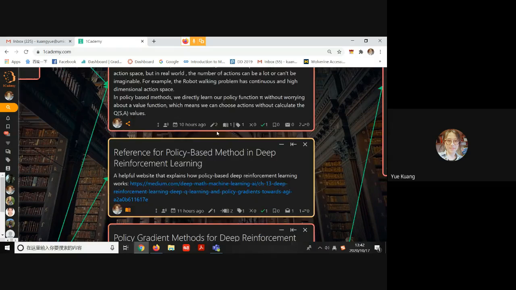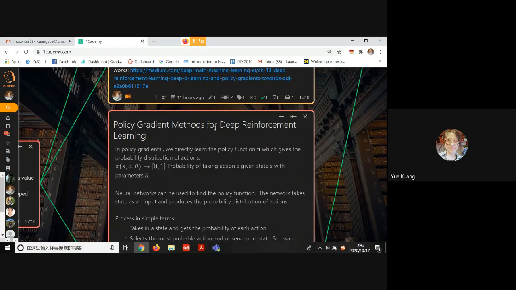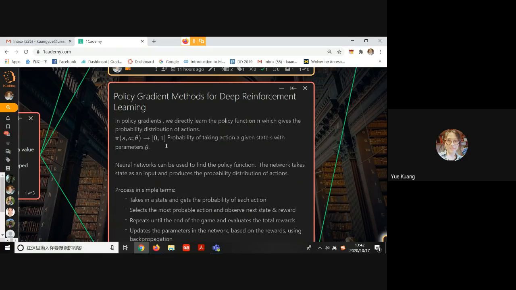Next, I will introduce the policy gradient method. In policy gradient, we directly learn the policy function pi, which gives the probability distribution of actions. You can see here that pi(s, a) is mapped to some number between 0 and 1, and it means the probability of taking action a given state s.